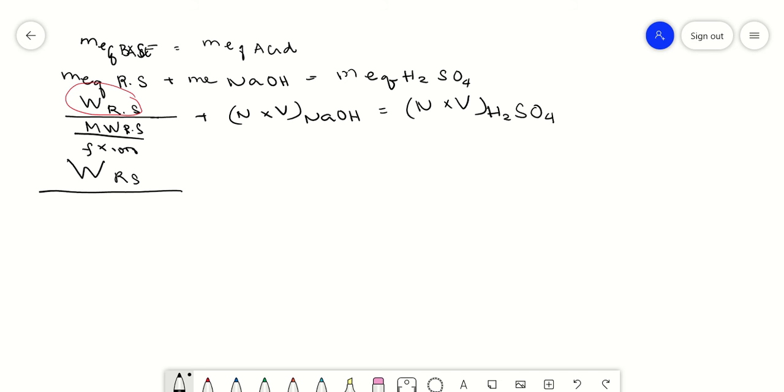The molecular weight of Rochelle salt is equal to 282.83 grams per mole divided by the factor. Rochelle salt has a formula of potassium sodium tartrate, C4H4O6, and you have here a tetrahydrate.